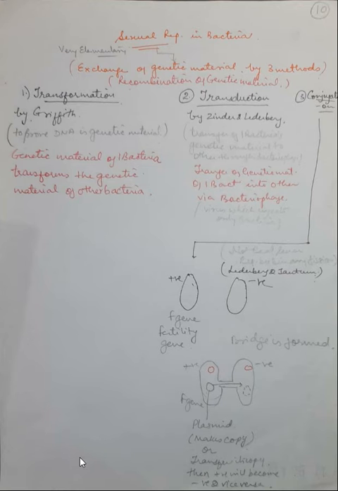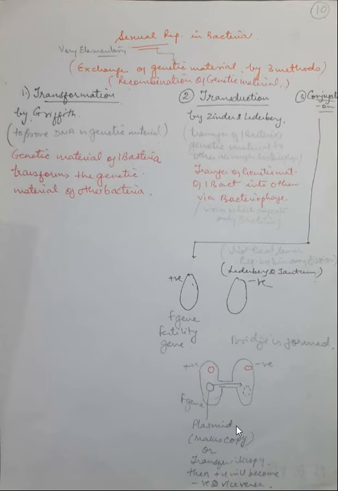The transfer happens by the formation of a bridge. The positive strain bacterium comes closer to the negative strain bacterium, a connection is formed, and through this connection they transfer their genetic material, that is the non-nuclear genetic material, the plasmid.